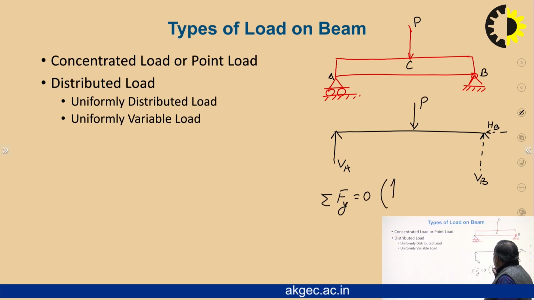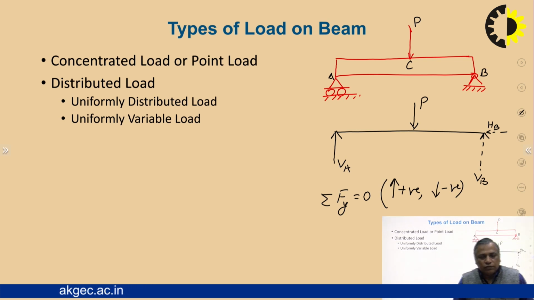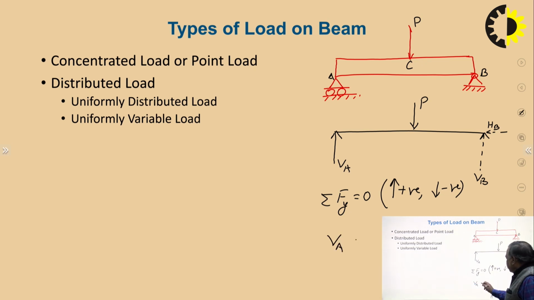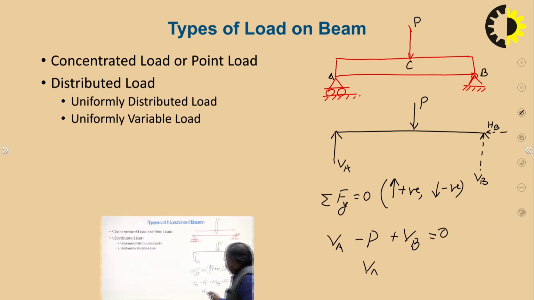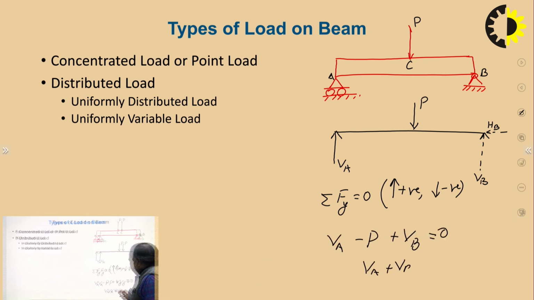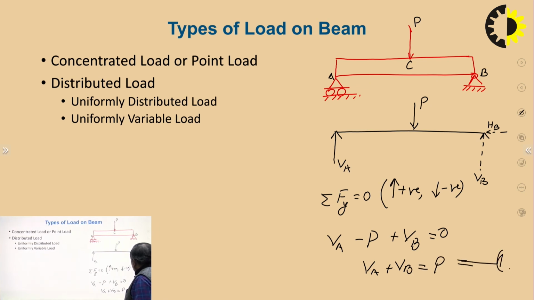Sign convention: upward forces are considered positive and downward forces negative. So VA, upward positive, minus P because P is downward, plus VB is equal to 0. So VA plus VB is equal to P. This is equation number 1.